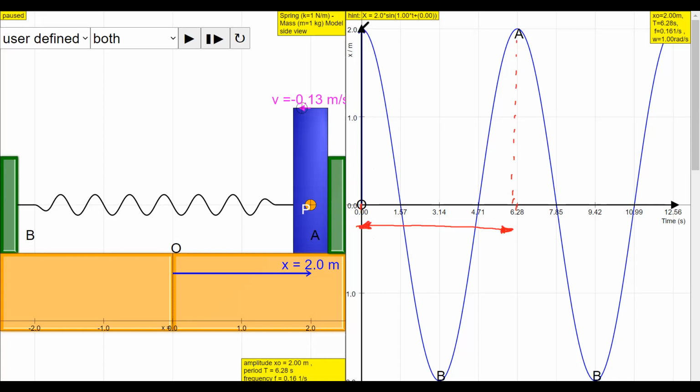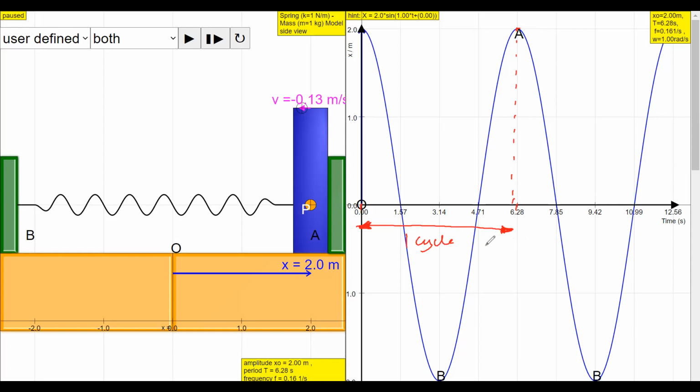We can see that it started from 2 meters, then went down to negative 2, then back to 2 meters. At this point, it will repeat its motion again from 2 meters down to negative 2, and so on. So this part of our graph is what we call a cycle. This is one cycle.